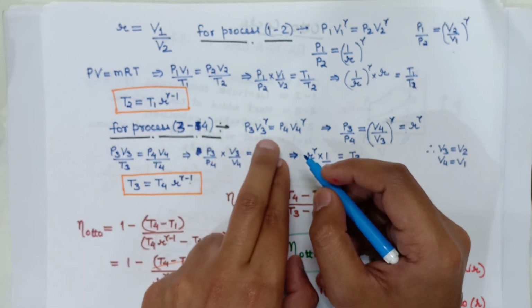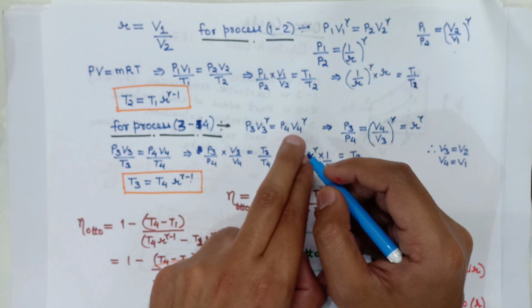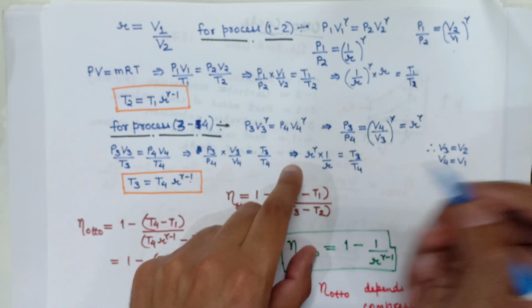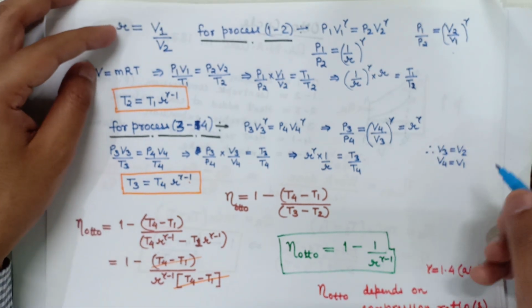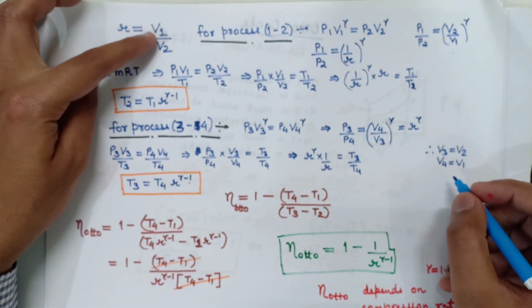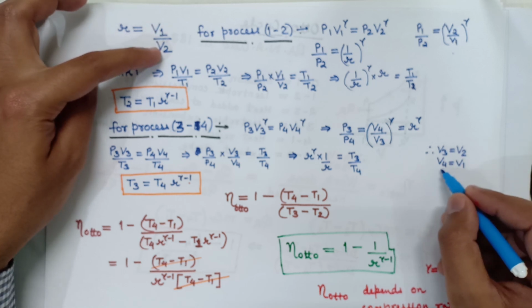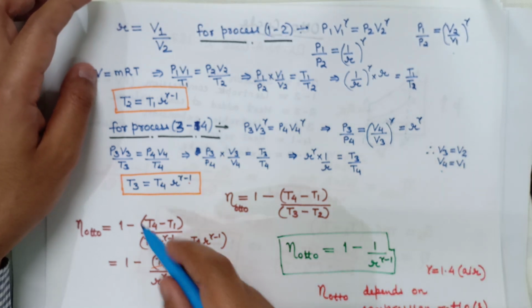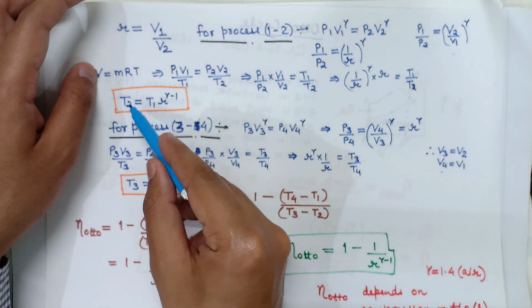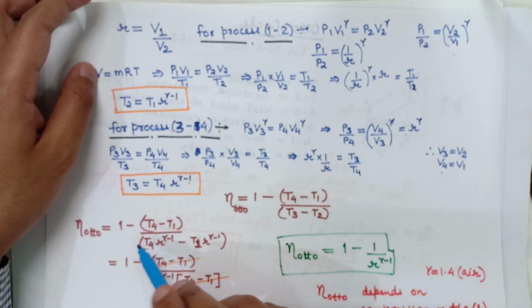So we will write P3 V3 to the power gamma equal to P4 V4 to the power gamma, and the compression ratio will be the same as V1 upon V2, and we can write V1 equal to V4 and V2 equal to V3.